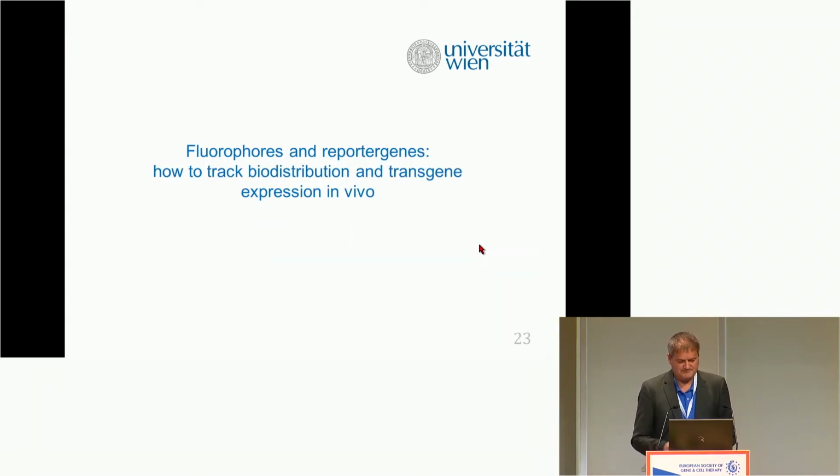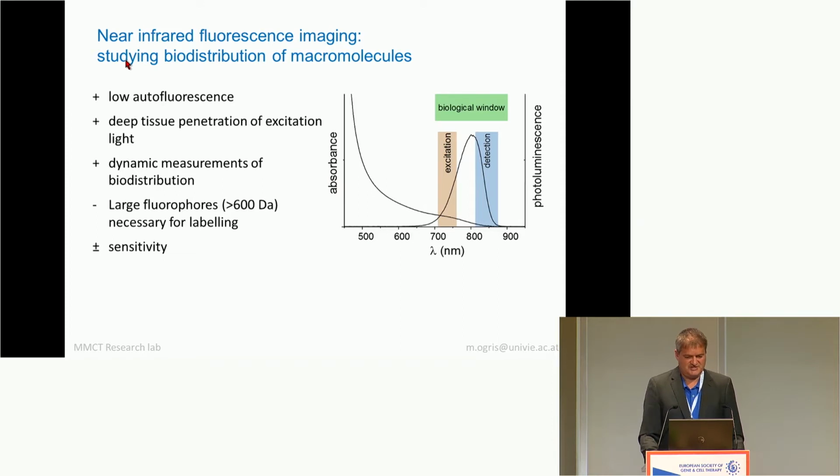So that brings me already to the in vivo application. And here, a little story about fluorophores and reporter genes and how to use them for non-viral approaches, but in principle they're also applicable for viral gene delivery approaches. How can you track them? Where is your material? Where is your transgene expression?